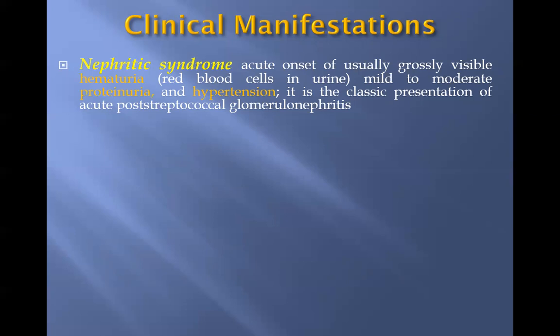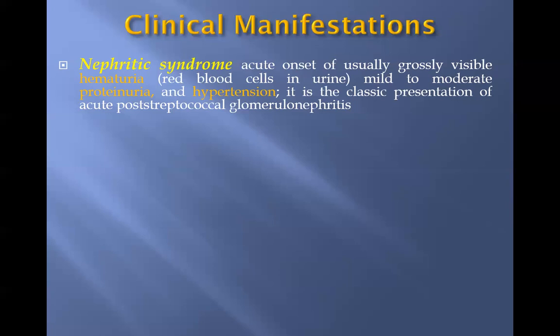Nephritic syndrome, as the name says, is acute onset of usually grossly visible hematuria, number 1. Red blood cells in urine, mild to moderate proteinuria, not severe, and hypertension. So you have 3 important things in nephritic syndrome: hematuria, proteinuria, and hypertension.